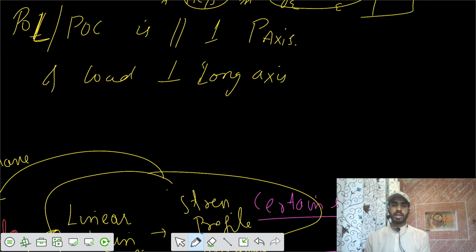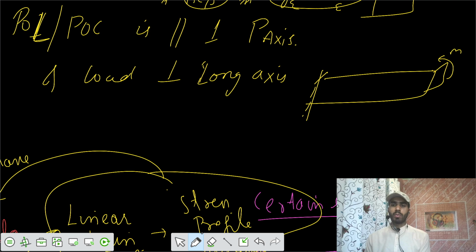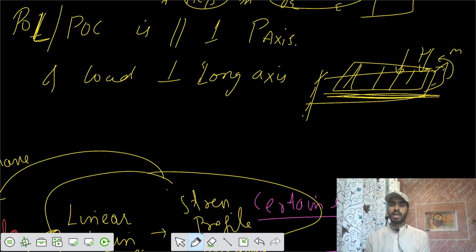That means if you have this section and you're applying a moment, the plane on which the moment acts is this plane, which is perpendicular to the long axis. Similarly, if you're applying load P, that's perpendicular to the long axis. Because of the symmetry, this is the plane of couple also, perpendicular to one of the principal axes.